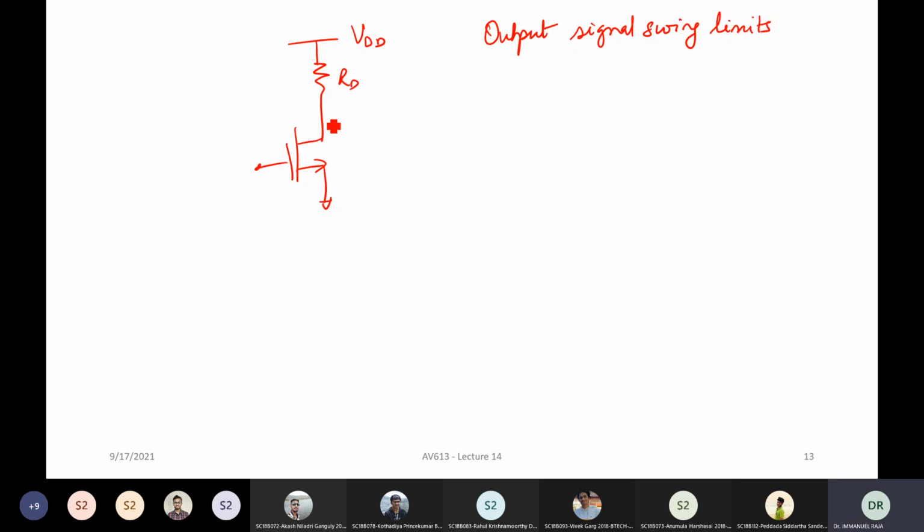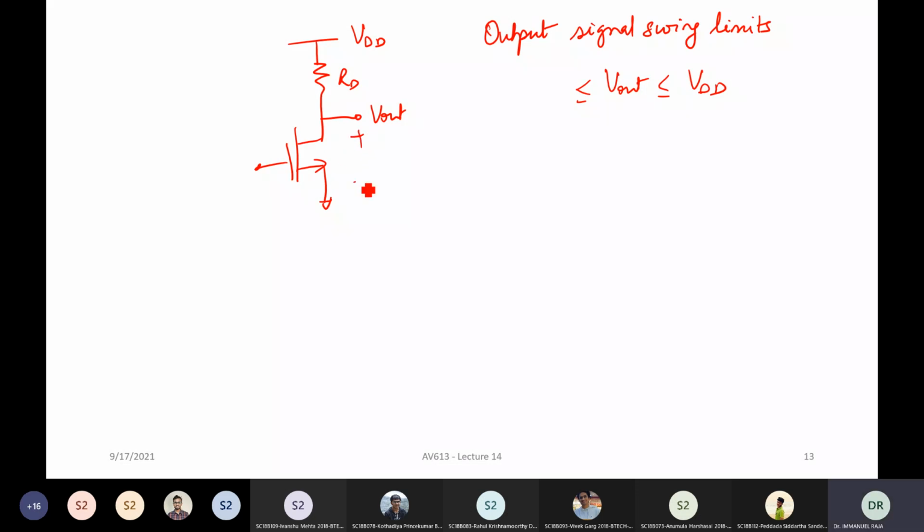On the higher side, this V out can go up to VDD. If you don't have any current, the signal can go up to VDD. On the lower side, what is the limit for a linear kind of operation?